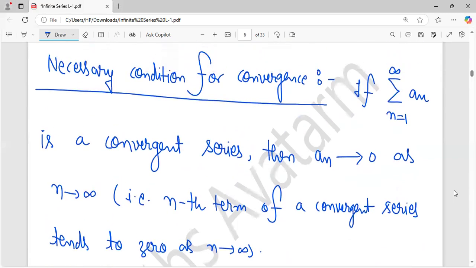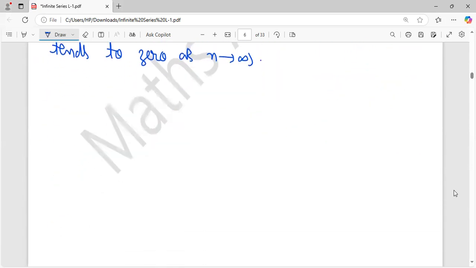So, necessary condition for convergence. If a series is convergent, then the nth term tends to 0 as n tends to infinity. It means the nth term of a convergent series tends to 0 as n tends to infinity. So let's see its proof. So what is Sn?